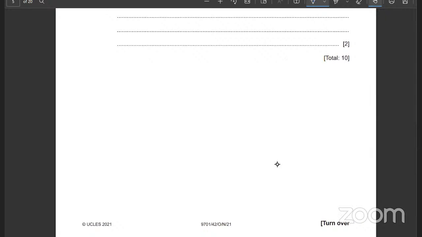Remember, it's got a CST. So let's focus on this C over here. What did I tell you about the tetrahedral shape?